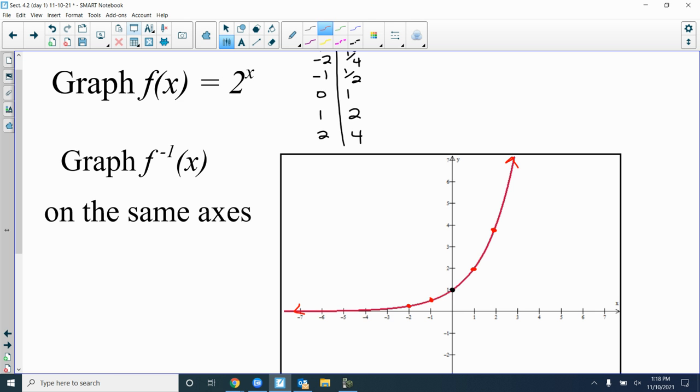Okay, now on that same set of axes, I want you to graph the inverse function. And we don't have the equation for it, but we don't need it. Remember what you do for inverses. Whatever xy is on the original, yx is on the inverse. So we're just going to flip the ordered pairs.